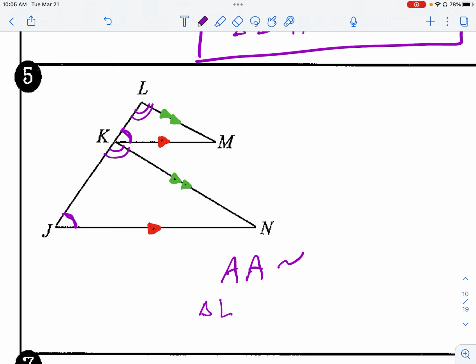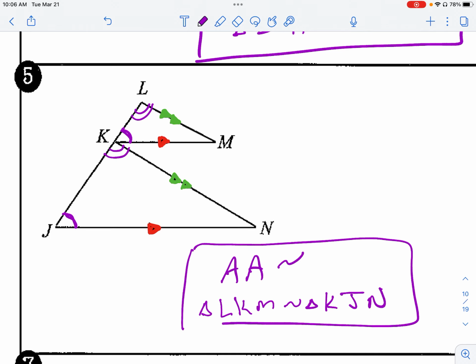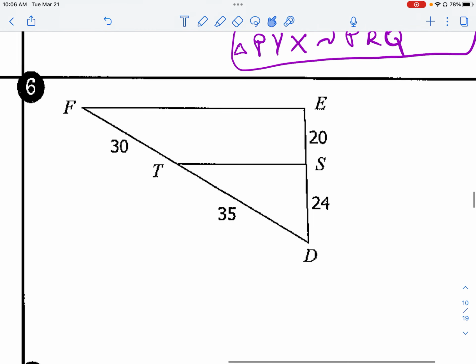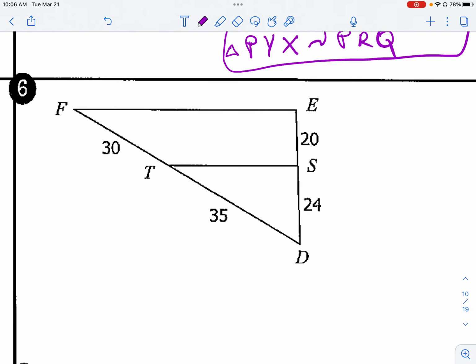And I want to start with LKM because we're just going to pick the first triangle and then make the second triangle match. So we're going from 2 to 1 to none. So 2 is K, 1 is J, and none is N. We're done with that one. So we're using all these skills that we had previously learned.